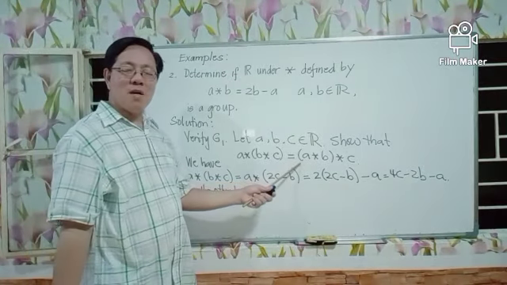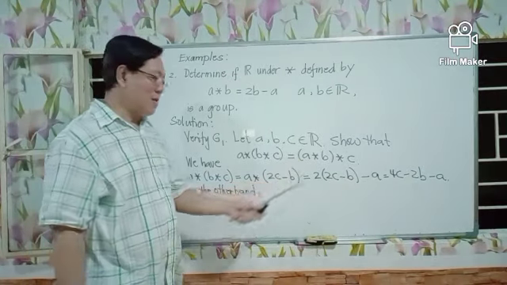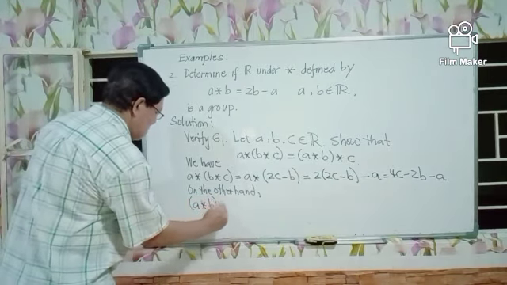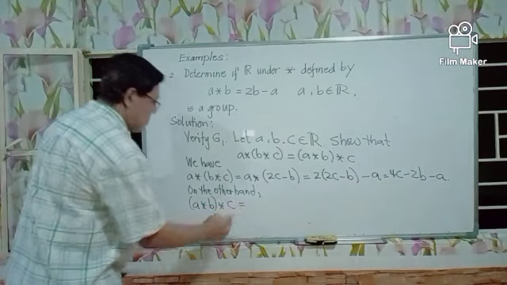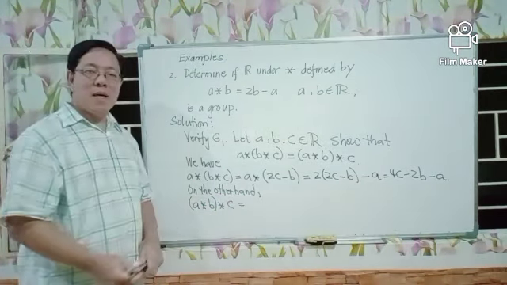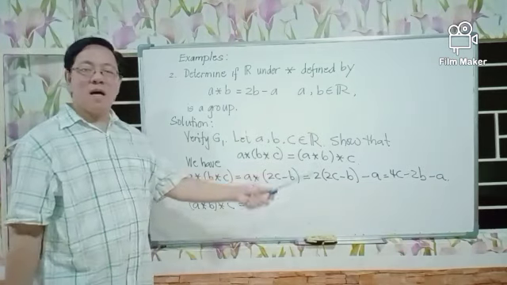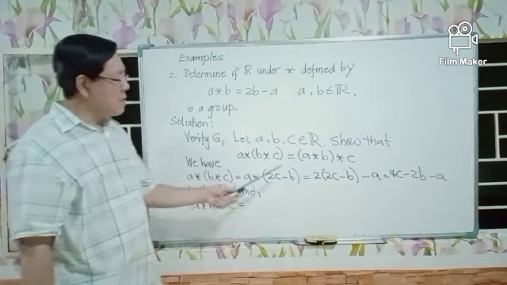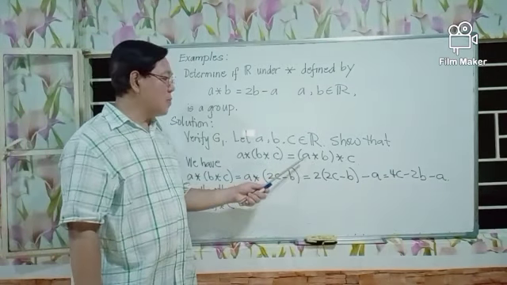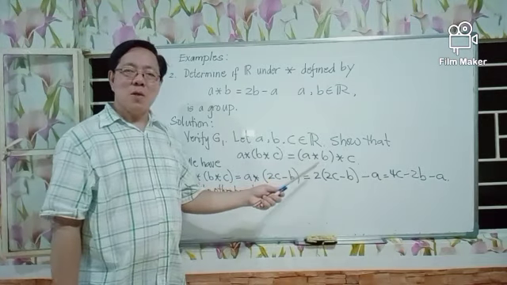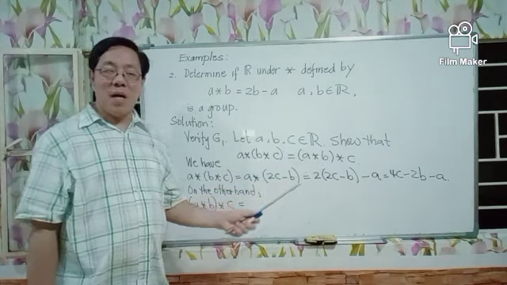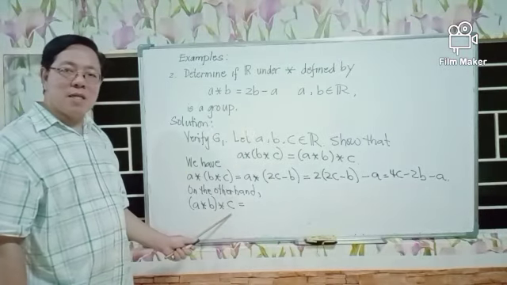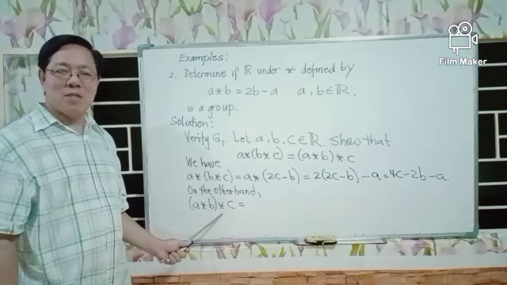we compute (a star b) star c. And at the right-hand side, to get the value of (a star b) star c, we first find the value of a star b, and the result we combine with c under the same binary operation star.